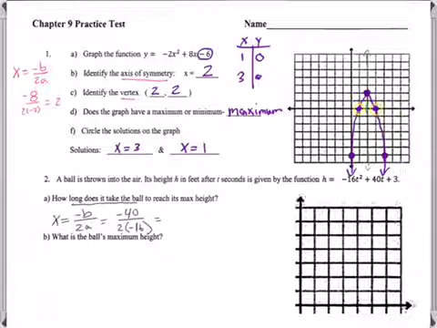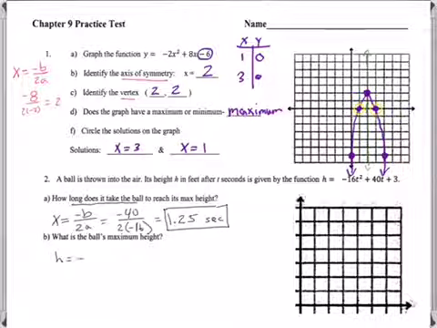In this case, we get 1.25 seconds. So it takes the ball 1.25 seconds to reach its max height. Then it wants to know what the maximum height will be. Well, we plug that value back in for t and evaluate for h.